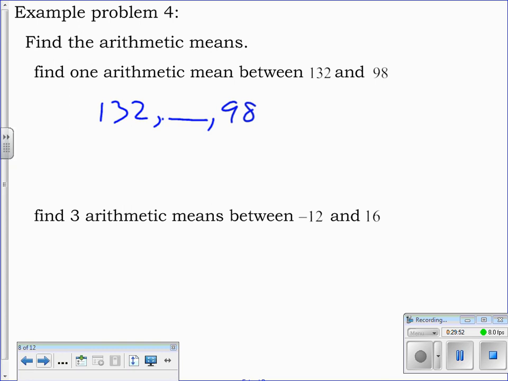So what I need to do is find the arithmetic mean. You have found the arithmetic mean between two numbers before. It's the average. I want to find the one in the middle. How do you find the one in the middle? The arithmetic mean is 132 plus 98 divided by 2.